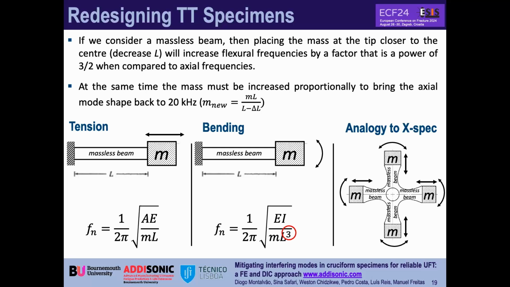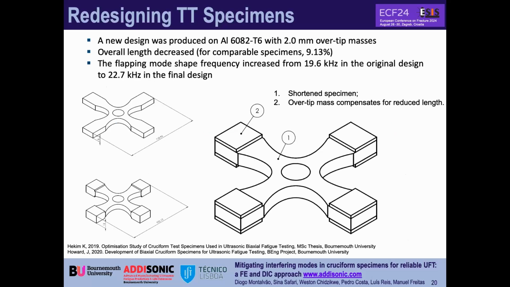So what does it mean? It means that at the same time we should ensure, proportionally, that we bring the axial mode to 20 kilohertz. In this way, we can compute the new mass that we need to take into account this movement of the tip mass towards the center. Okay? So this is the new sample.